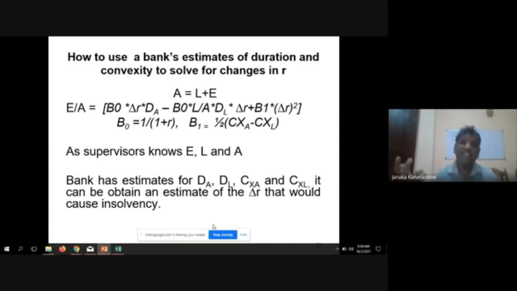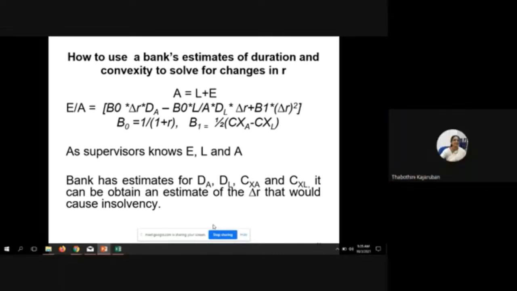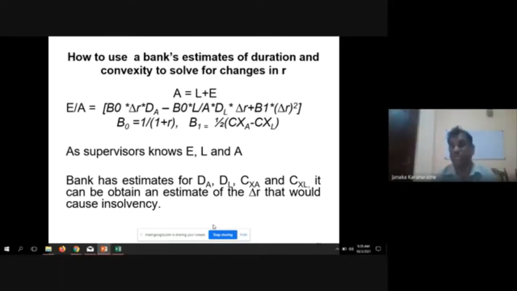You can increase the duration of liabilities, DL. You can do both in parallel. Simultaneously, you can structure the balance sheet, assets and liabilities.